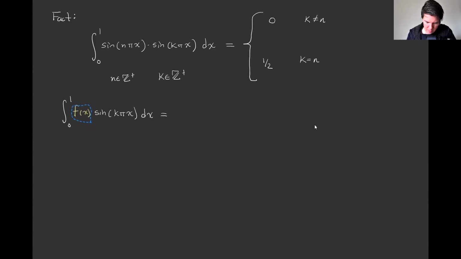I would like you to take a guess in the general sense, so it's not just me talking at you, because you only learn when you're more actively engaged. What could I replace this f of x with? What do we know about f of x, or what have we been saying about f of x?